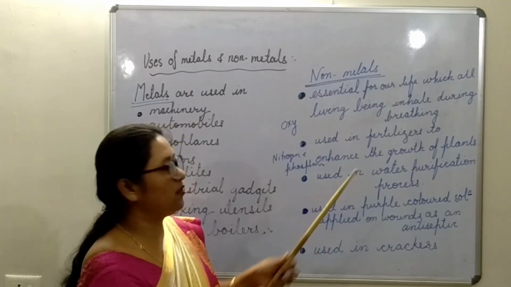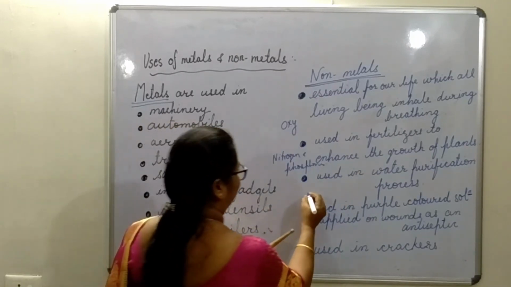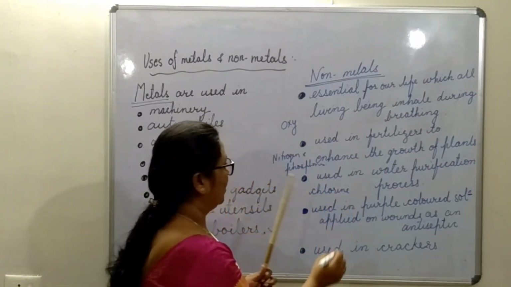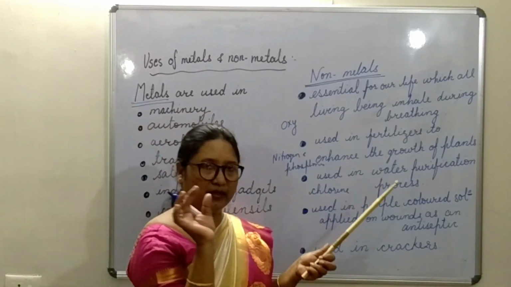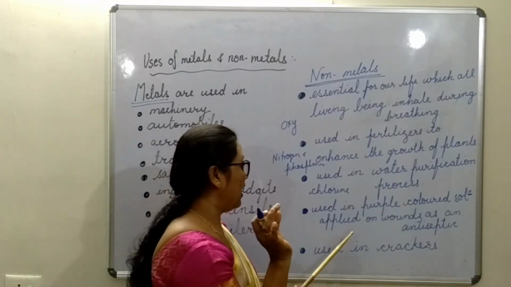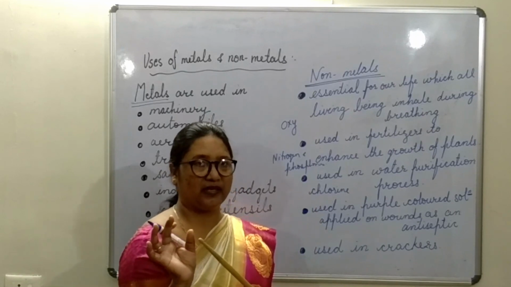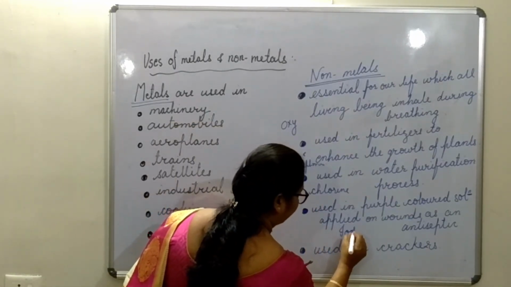The non-metal which is used in the water purification process is chlorine. Now next, the non-metal whose color is a purple solution, and which is applied on wounds as an antiseptic. Can you guess it? Yes, that is iodine.